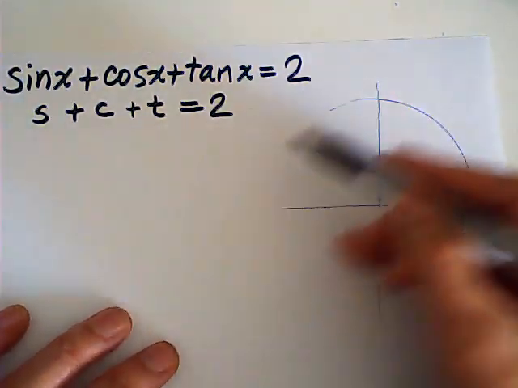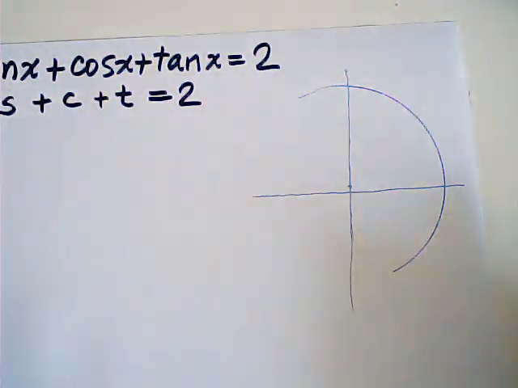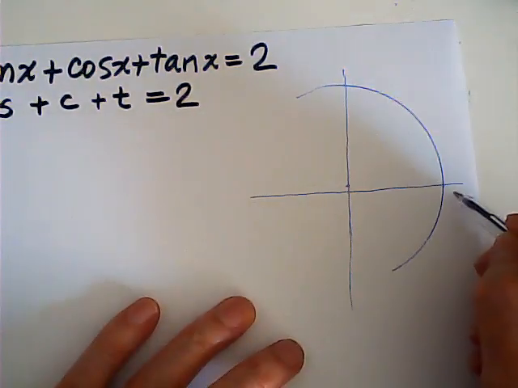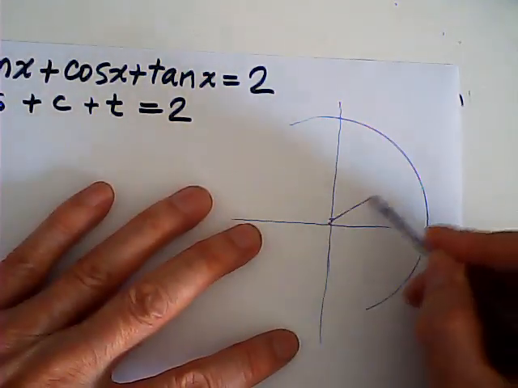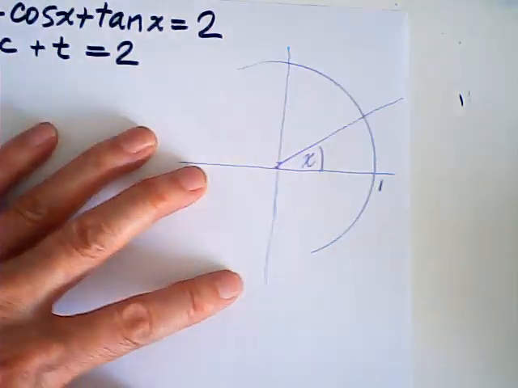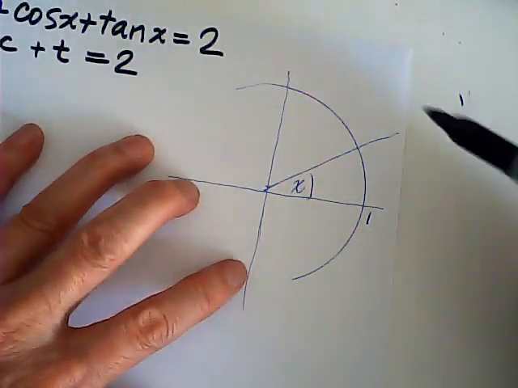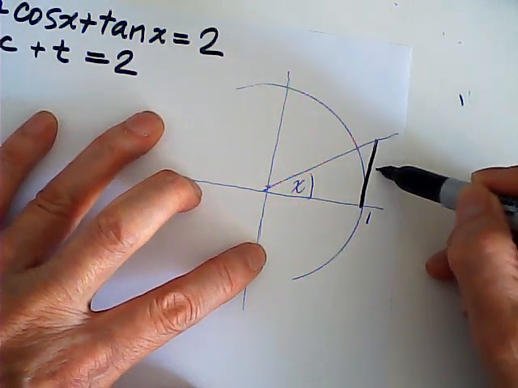Now, this is a unit circle. I'm using a part of a unit circle, right? So this radius is 1, and this is x. This is my tangent x.